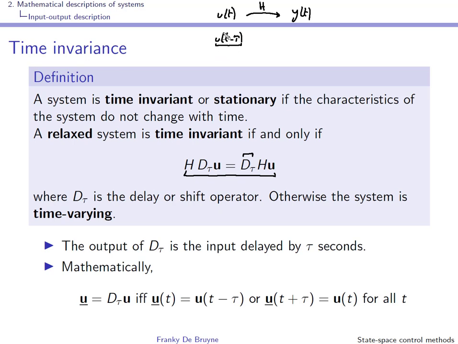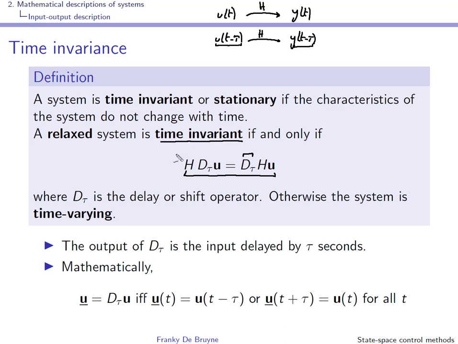So this might mean that, for instance, we do the experiment tomorrow. What we should observe is y of t minus tau, okay? And this will indeed be the case if the system is time invariant.